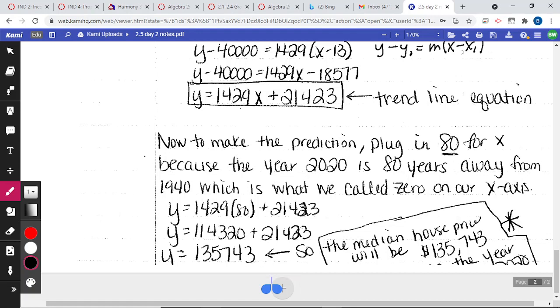So that's x. Plug that in for x, and just calculate y. So in this example, put the 80 in for x in this equation. 1429 times x, okay, 1429 times 80, plus the 221,423. Calculate it out.